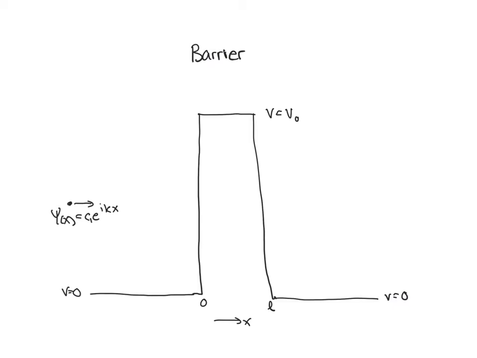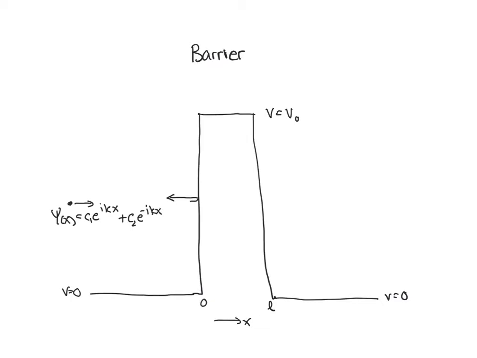If that particle reaches the barrier, then it has the probability of being reflected from that barrier and going back and traveling in the minus x direction.